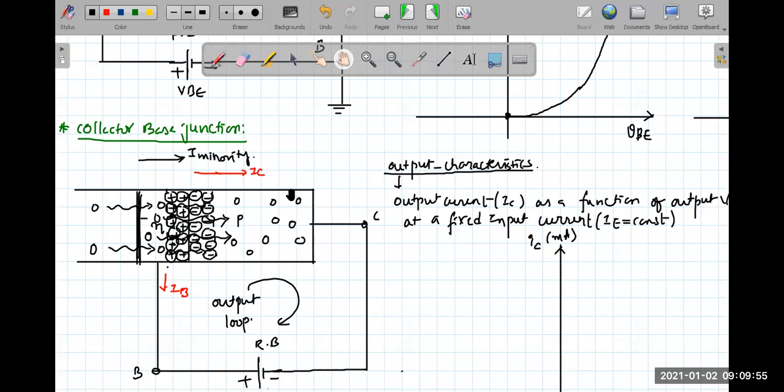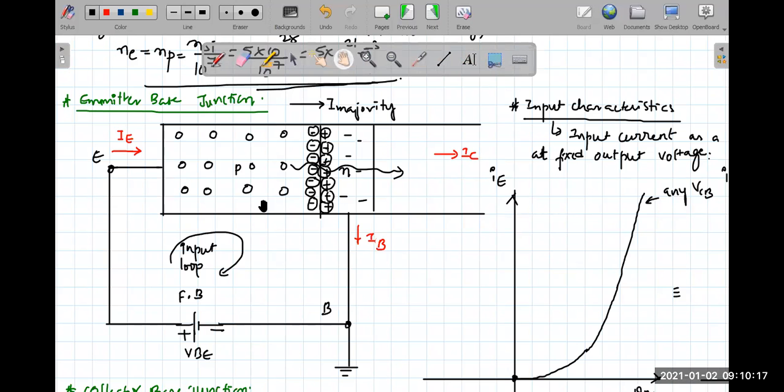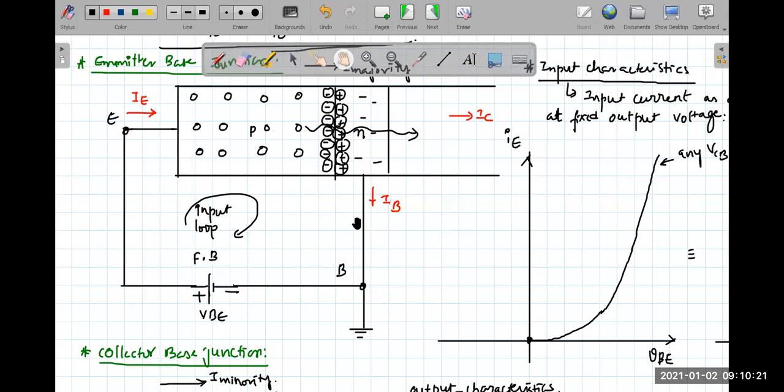Because the number of holes is decreasing, the concentration difference is decreased, so more and more holes will enter from the emitter region to the base region. That means the increase in the reverse bias voltage will support the flow of emitter current, so the emitter current will increase. Got the logic here?